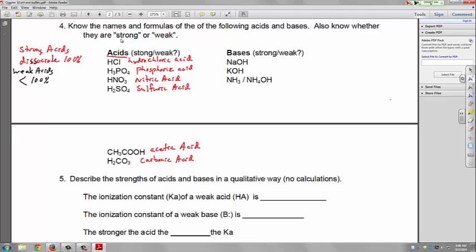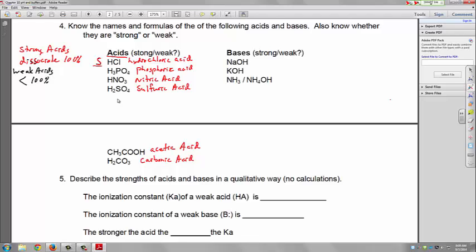So in addition to knowing the names and formulas for these acids, you should be able to classify them as strong or weak. Turns out there are many more weak acids than strong acids, so I'm just going to tell you which ones are strong and the other ones are weak.